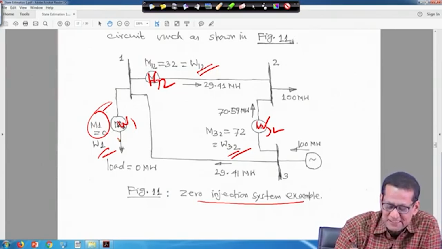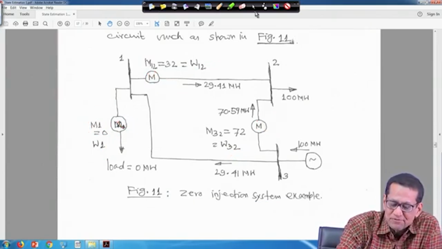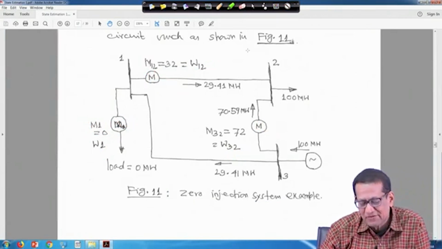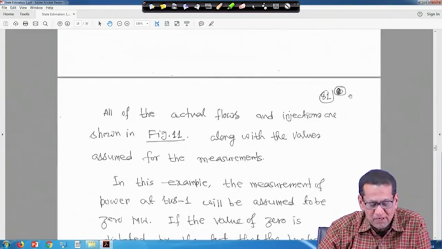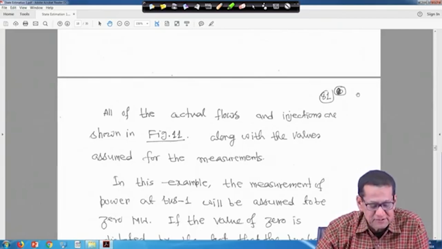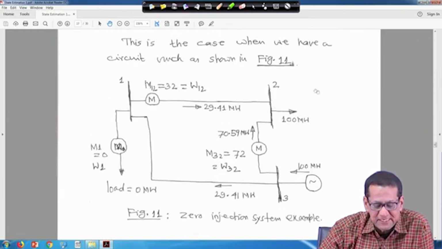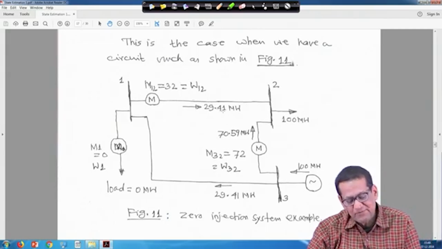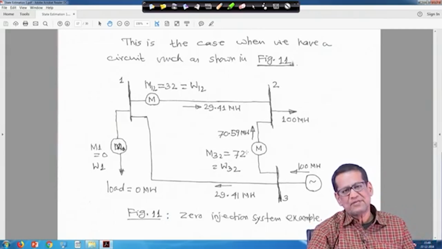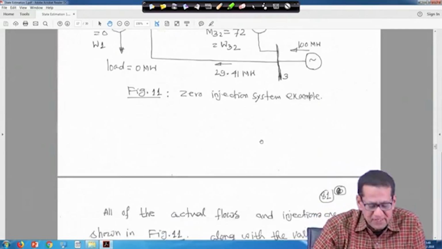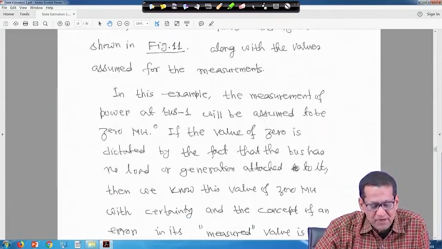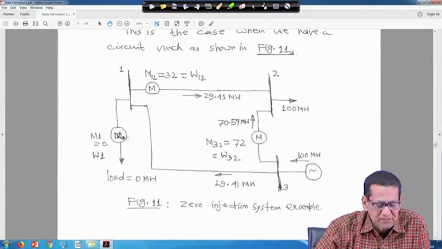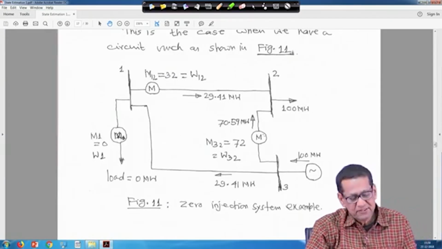Suppose this is the meter reading, and some data we have taken is given here. All of the actual flows and injections are shown in figure 11. Based on the meter readings, some line flows and other values are given. Now, in this example, the measured power at bus 1 is assumed to be 0 megawatt.